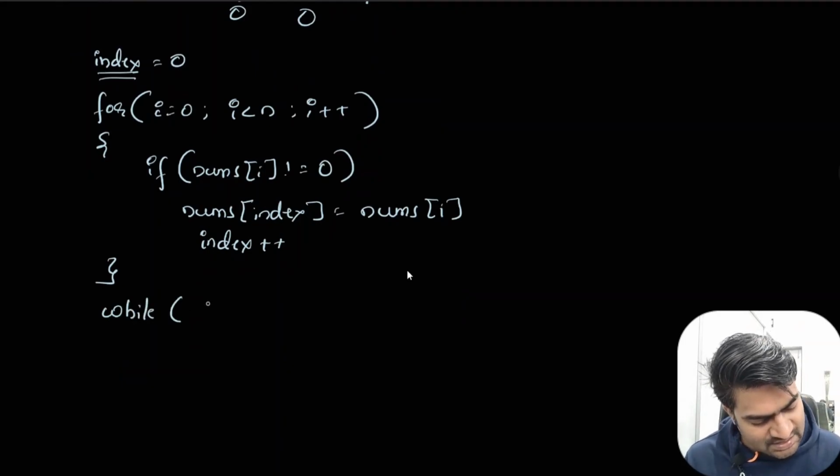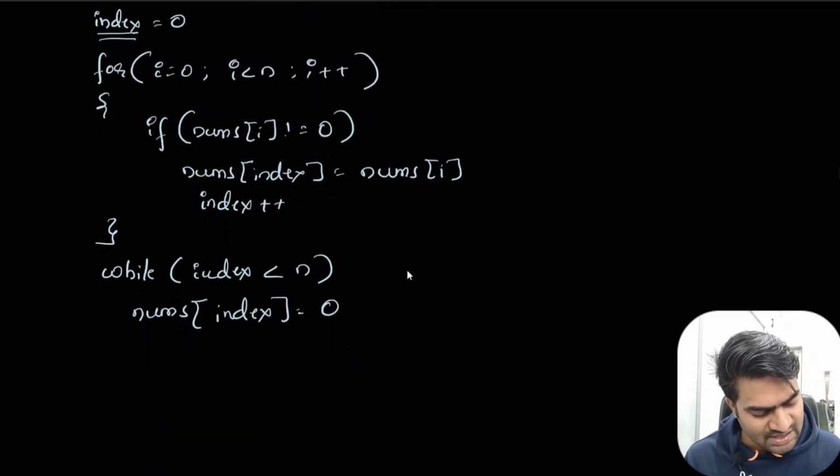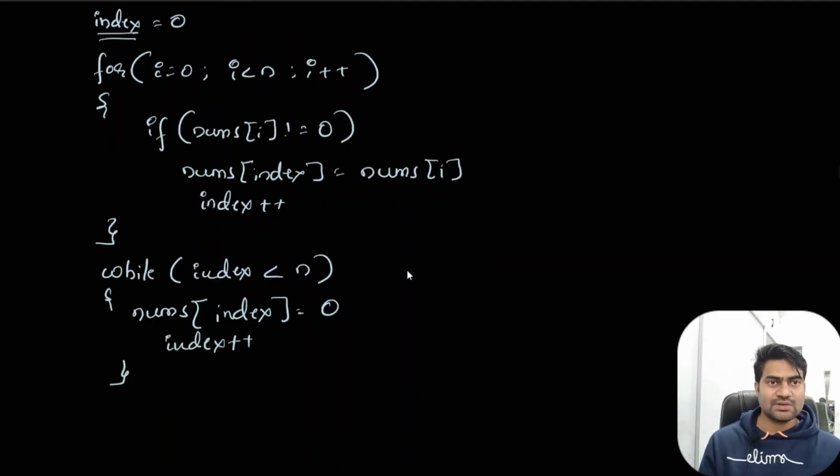So while index is less than n, nums of index should be simply 0. I need to replace that with 0. After this I will increment my index. So this way we will be able to move all the zeros towards the right.